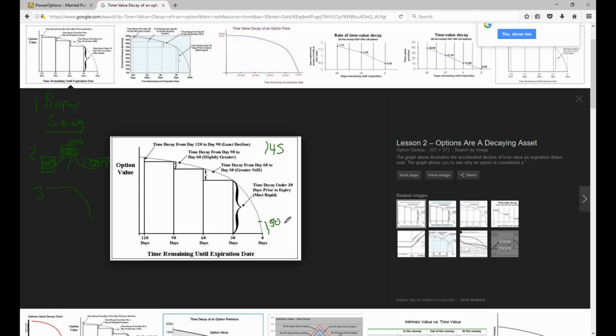Well, what are we going to expect? In the next 5 days, that's going to decay very rapidly. The percentage decay is going to be quick. If I sold the May call at 145, I might get, let's say, $1.50. So in the first couple of days, it's going to decay slowly, but then it's going to go much more rapidly. If I buy or sell the June series, it might cost me $2.10.